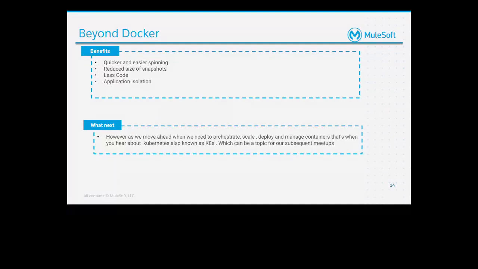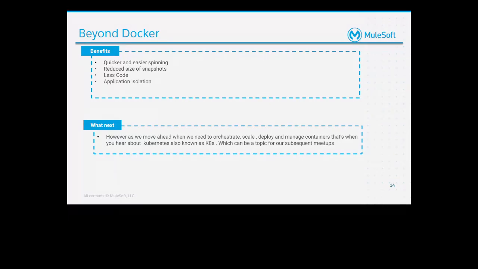How are you going to orchestrate, scale, deploy and manage those containers? It becomes very cumbersome. That is when Kubernetes comes into the picture. Kubernetes is on top of your Docker, and it helps you achieve all of that. Maybe Kubernetes on top of the Docker that we are doing right now can be a topic for our subsequent meetups.